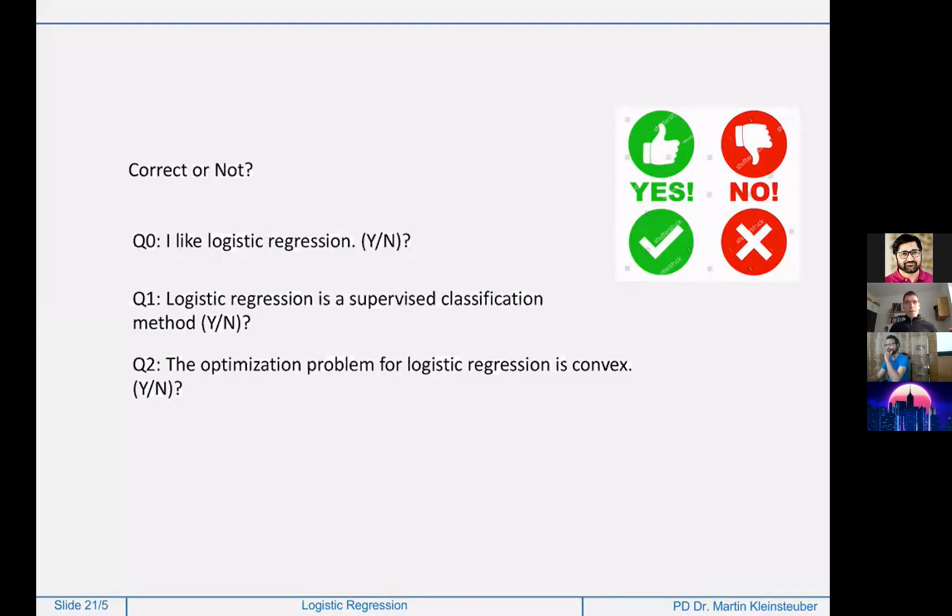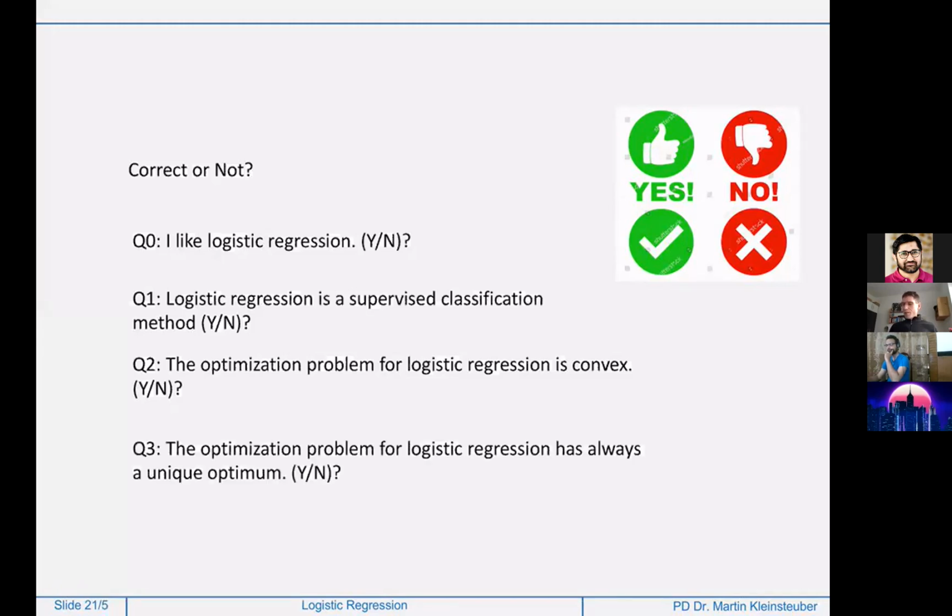The next question. The optimization problem for logistic regression always has a unique optimum. Yes or no? Yeah, I like it.